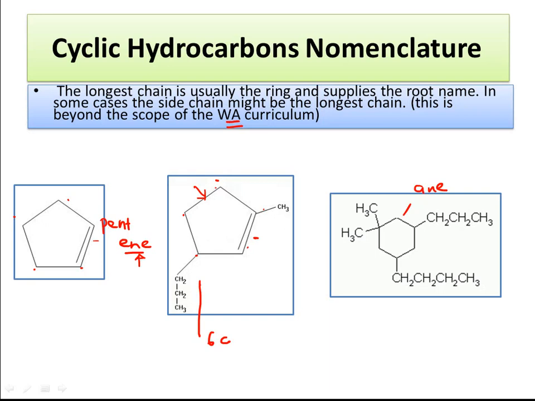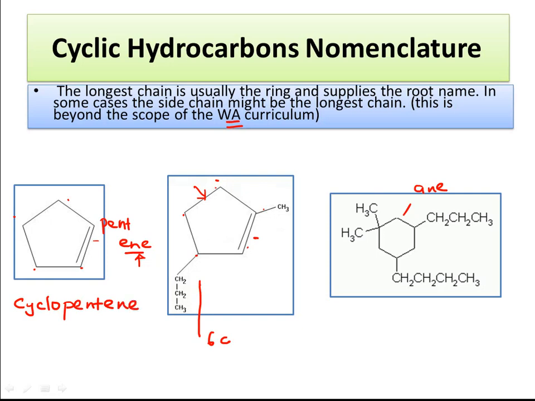It's always located on the first carbon. So in these cyclic alkenes, our double bond is by default on carbon number 1, so we don't need to name the position of the double bond. So the prefix here is pent, which gives cyclopentene. Actually, we call it cyclopentene.